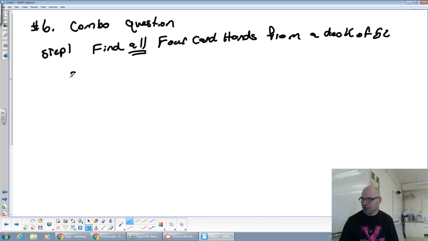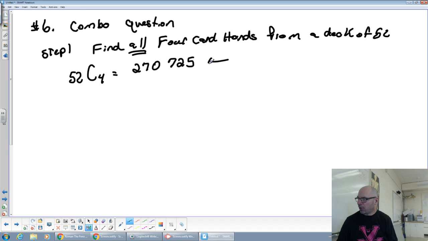So that's 52 cards dealing 4. So 52C4. Okay. 270,725. This is all the possibilities, total. This is your total number of 4-card hands. That's going to be your bottom for probability.